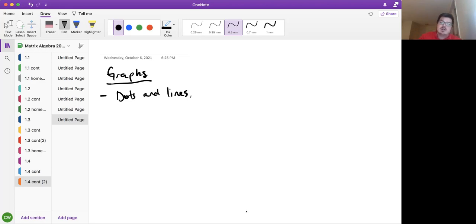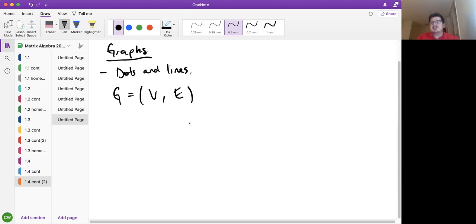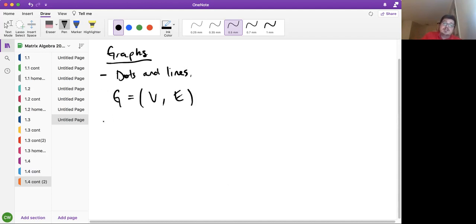So let's just say what a graph is. A graph is defined by two sets, a vertex set and an edge set. So what is the vertex set? It's a finite, not finite, it's a countable set of points on a plane.